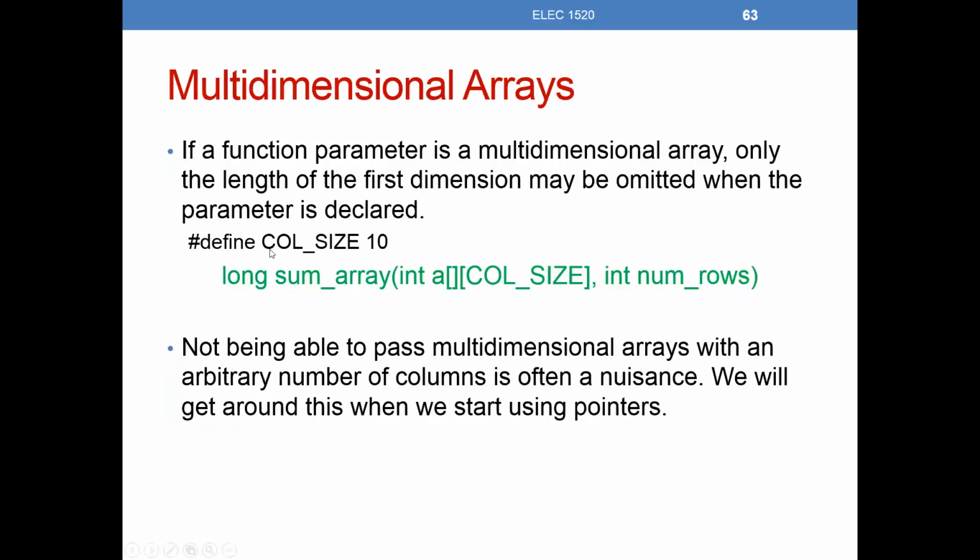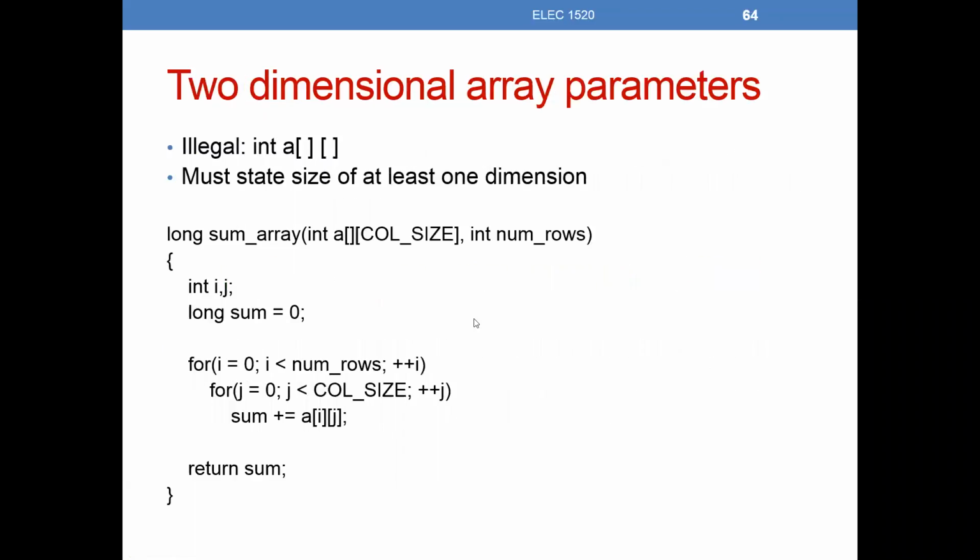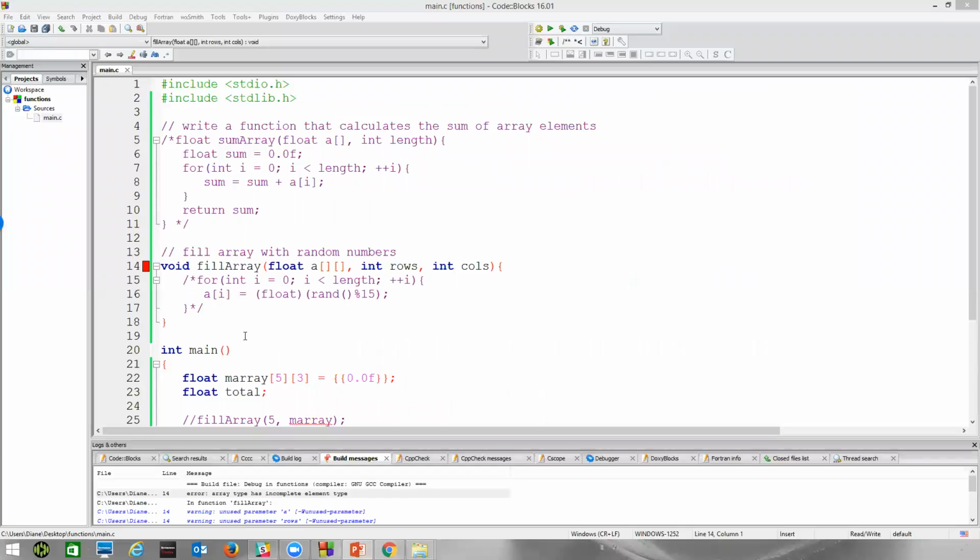One way to do that is to use a preprocessor directive, a macro, and define this globally in our file. Then we could just use column size and our array would always be that very size. Let's use this example. We'll stick with our floats here.